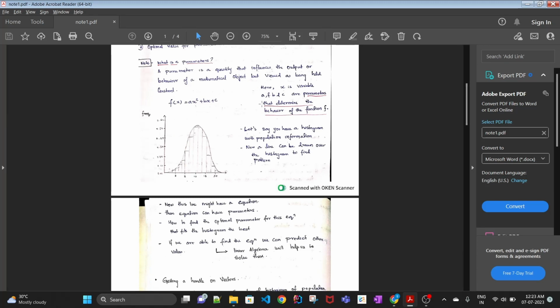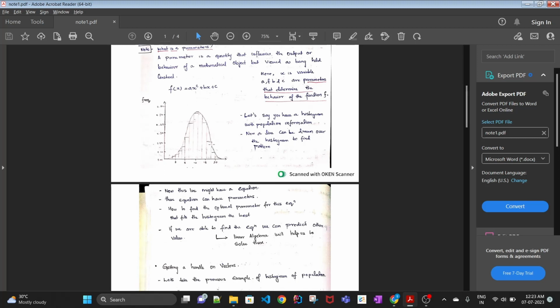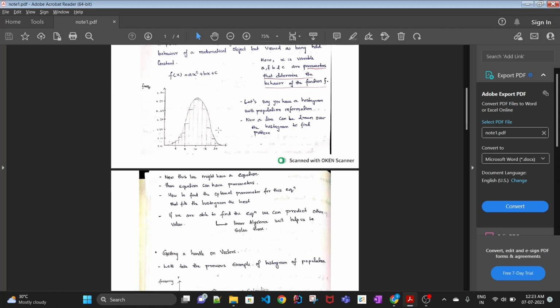Let us consider one example. Let us say we have a histogram that provides the distribution of different age groups of people who play football and their frequency. On top of this histogram, we can draw one particular line to understand the data points, and this line will have an equation, and the equation will have some parameters.